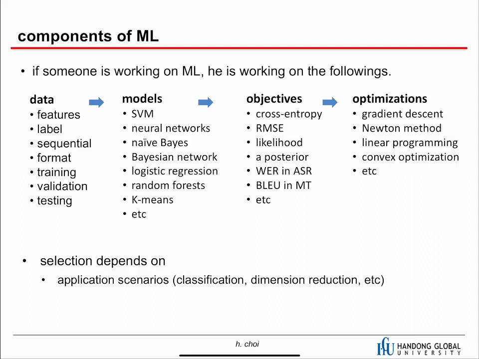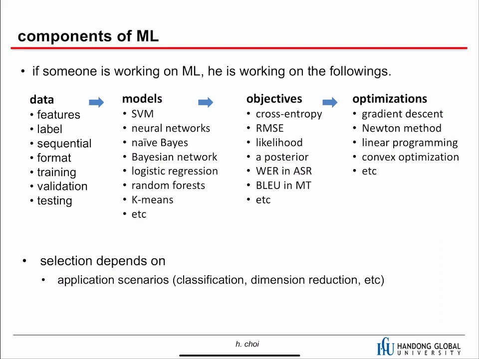We have many different kinds of data. We have features and labels, data could be sequential, and it has a special format. And then data can be split up into training data, validation data, and testing data.